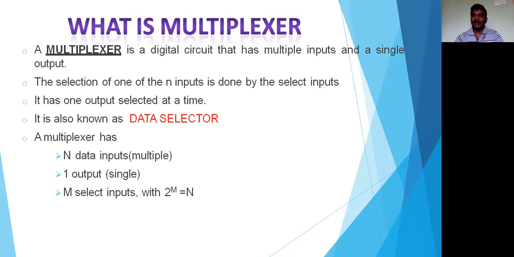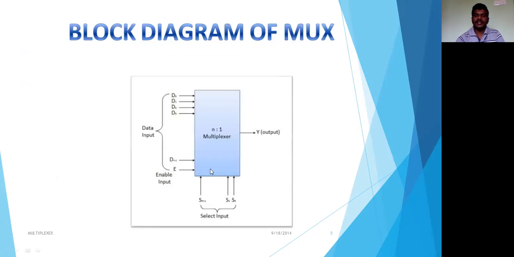If you look at the block diagram of a mux, it has n inputs, m select lines and only one output. So it is called an n is to 1 multiplexer. There is a relation between the number of input lines and the select inputs.